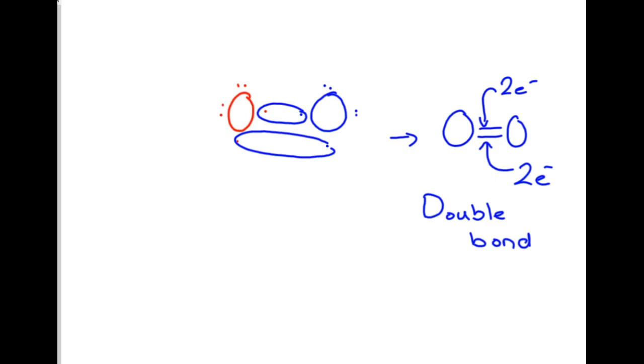Try question 3. We have 2 phosphorus atoms and 3 oxygen atoms.